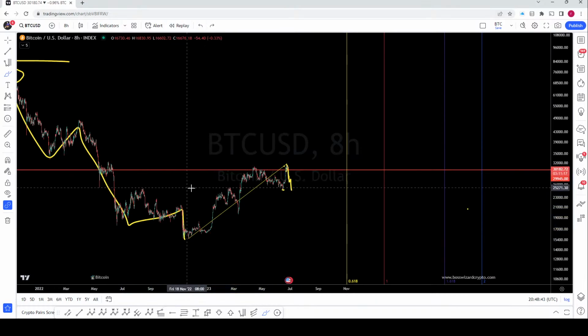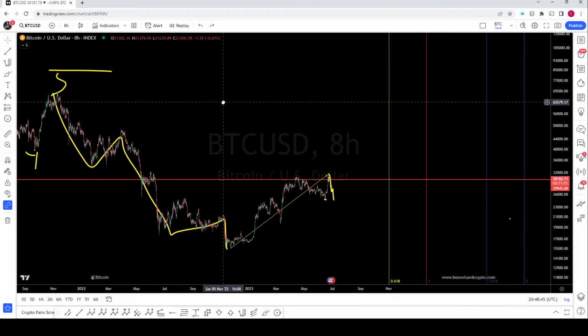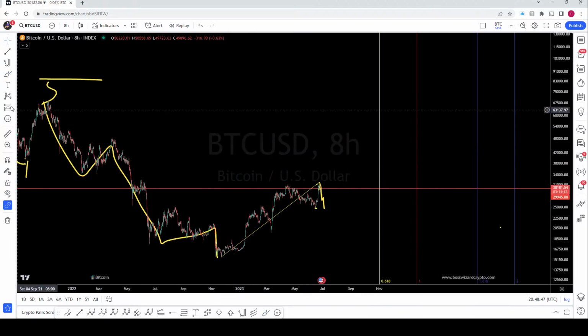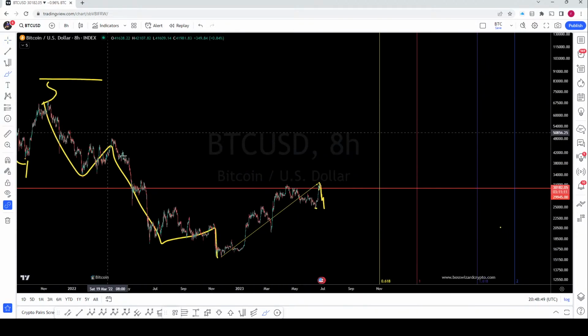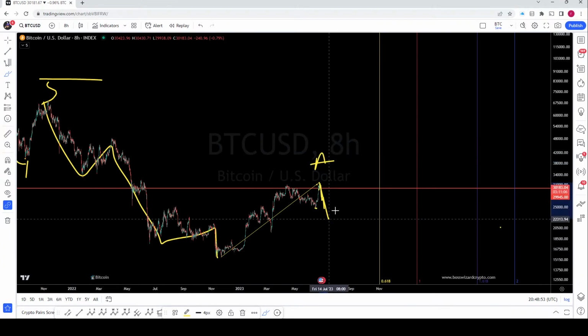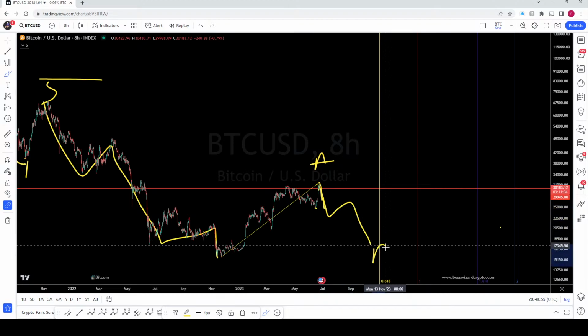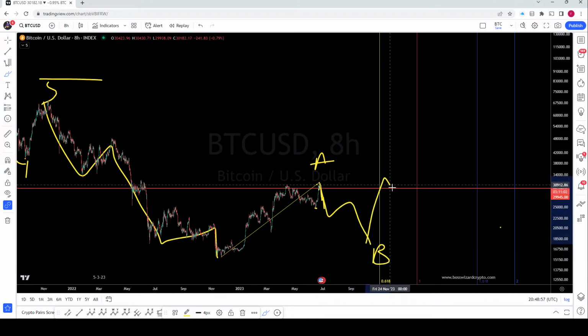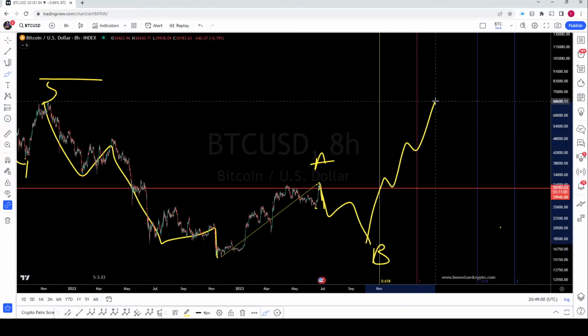So then your next probable outcome to get to 10K is that this 5 up is an A wave, and you're going to get a 3-wave pullback for a B wave, and then you're going to get 5 more like this. That cannot break this high, by the way.